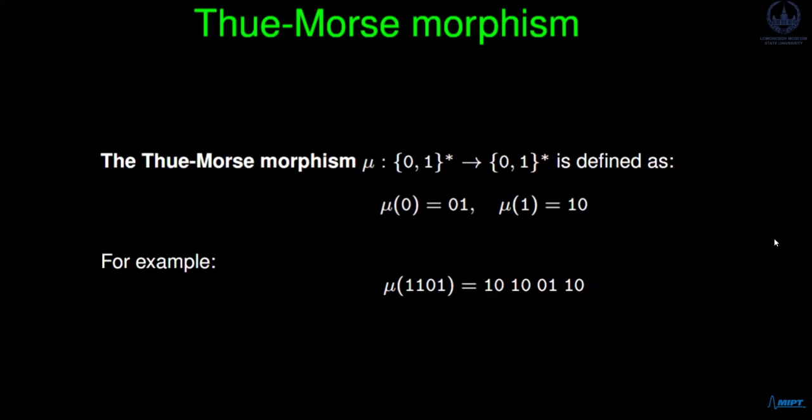For example, if we start with the word 1101, applying the morphism gives mu of 1101, which is equal to mu of 1, mu of 1, mu of 0, mu of 1, which is 10 10 01 10. The Thue-Morse sequence generated by iterating this morphism is important because it avoids certain patterns like squares and has fascinating properties that make it appear in various areas of mathematics and computer science.